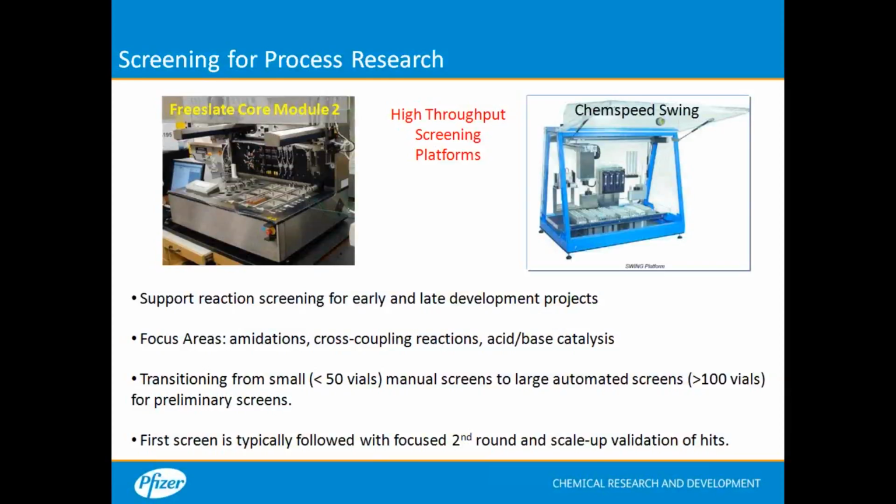We do all of our screening for process research, which means we're looking typically at how to best run a reaction. So we already know what we're making, but we're trying to figure out the best way to make that. And we support reaction screening for both the early and late development portfolios, which means we see all ranges of chemistries and many different kinds of projects with different material availability.